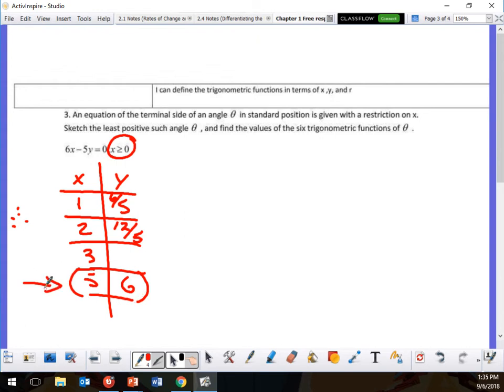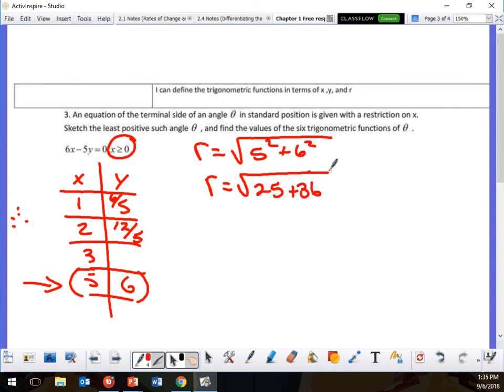So my x is 5, my y is 6, and I need x, y, and r to get all 6 of those. Square root of 5 squared plus 6 squared, square root of 25 plus 36, square root of 61. That doesn't factor, does it? No, it doesn't factor.